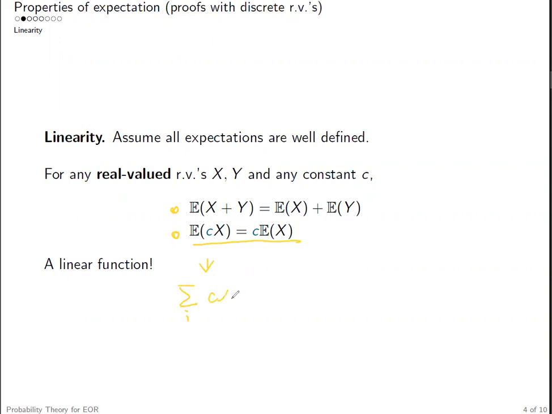Suppose we look at the expected value of cX, if X is a discrete random variable, then the summation goes through all possible values of this X, which is exactly c times x_i, times the probability value of X equal x_i, which is c times the expected value of X. So the second statement is easy to prove, but the first statement may take a while.